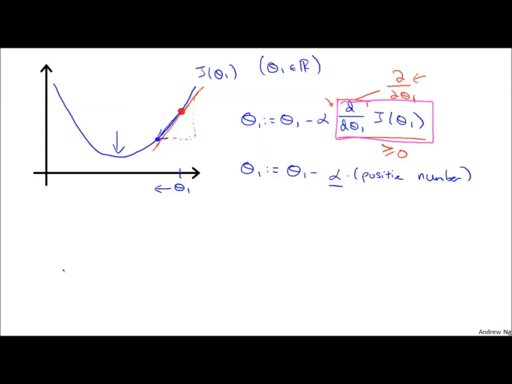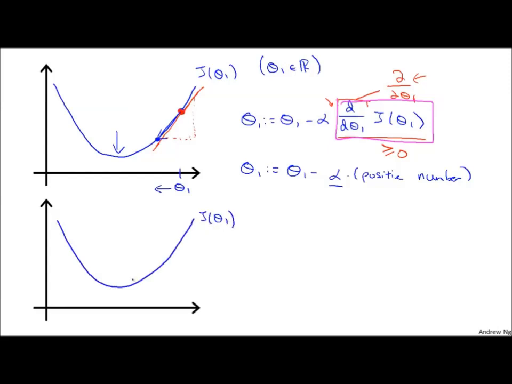Let's look at another example. Let's take my same function J and try to draw the same function J of theta 1. Now let's say I had instead initialized my parameter over there on the left, so theta 1 is here, at that point on the surface.